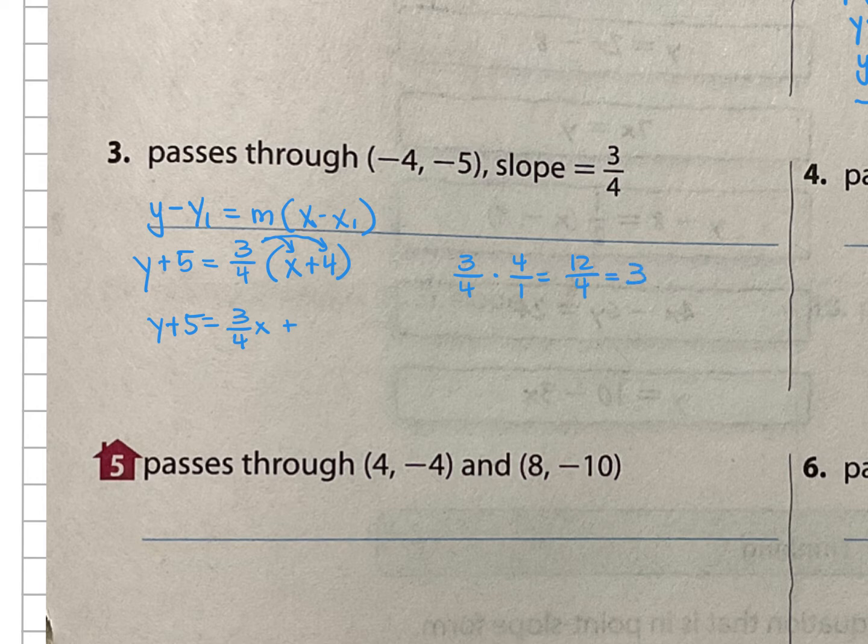It equals 3. Or the 4's could have just canceled each other out and made a 1 and a 1, and we had 3 over 1. So it's 3/4 x plus 3. Okay, I got to take this plus 5 and move it over here, but then it becomes a minus 5. Y equals 3/4 x minus 2. Done.